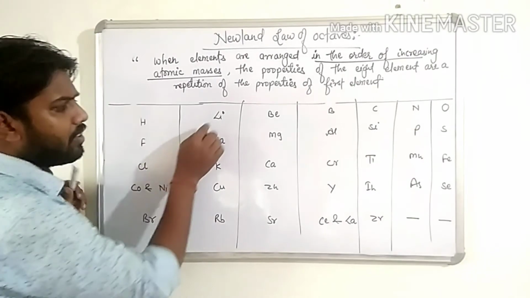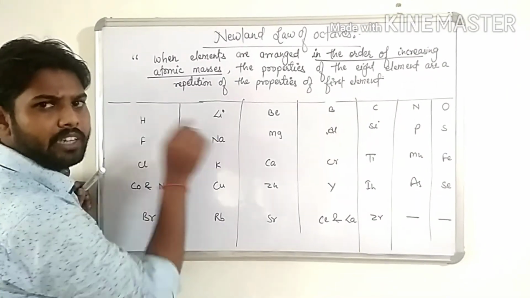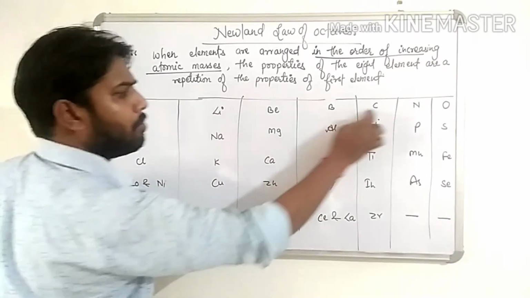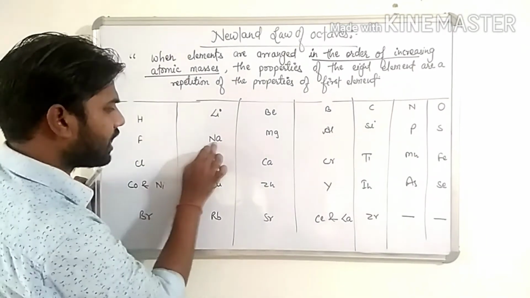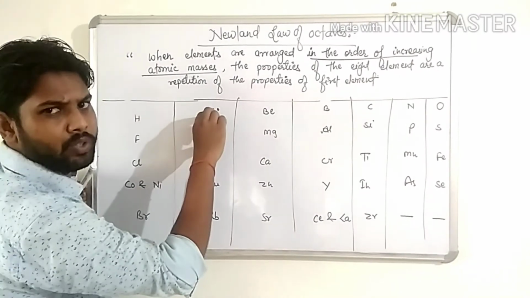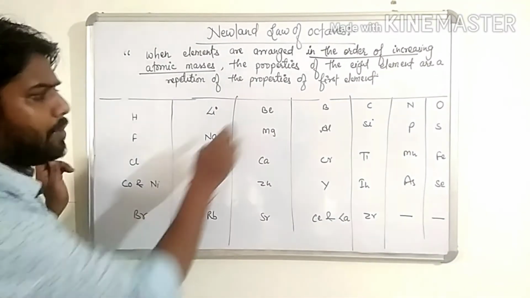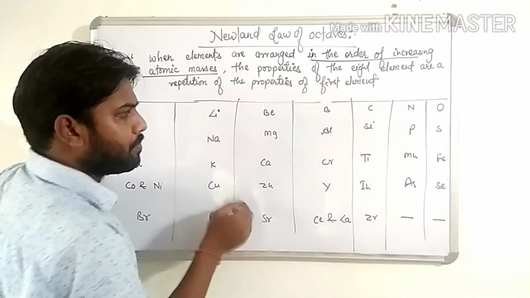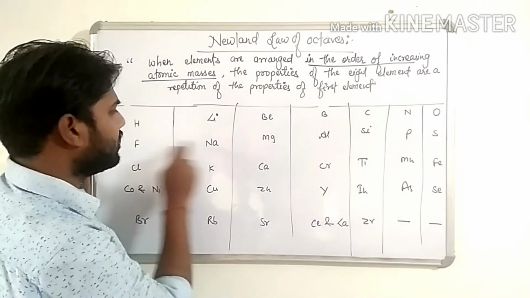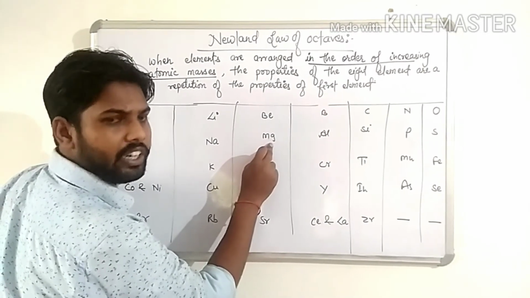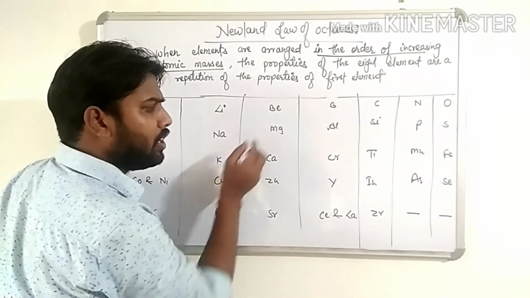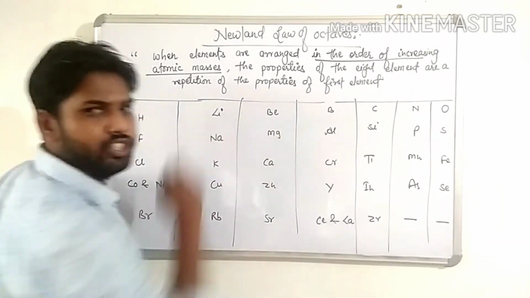If we take lithium as the first element, sa re ga ma pa dha ni sa, it means the properties of lithium and sodium will match together. If we take beryllium as the first element, sa re ga ma pa dha ni sa, clear, children? The properties of beryllium will be similar to that of magnesium.